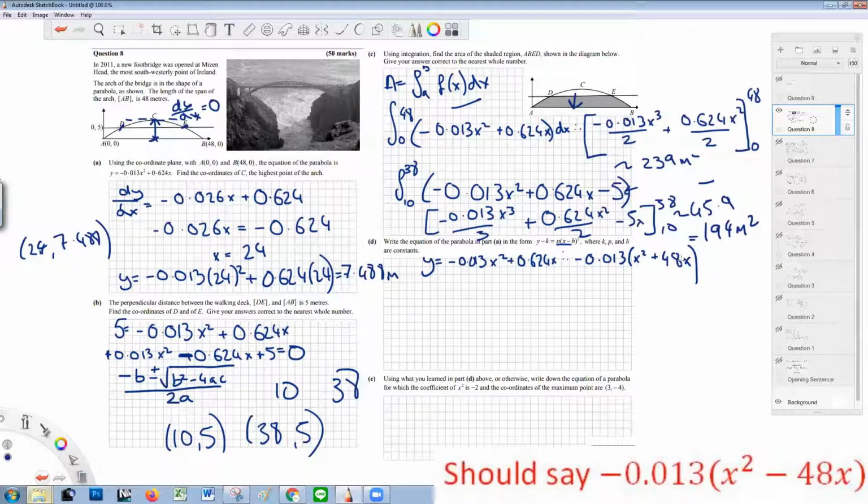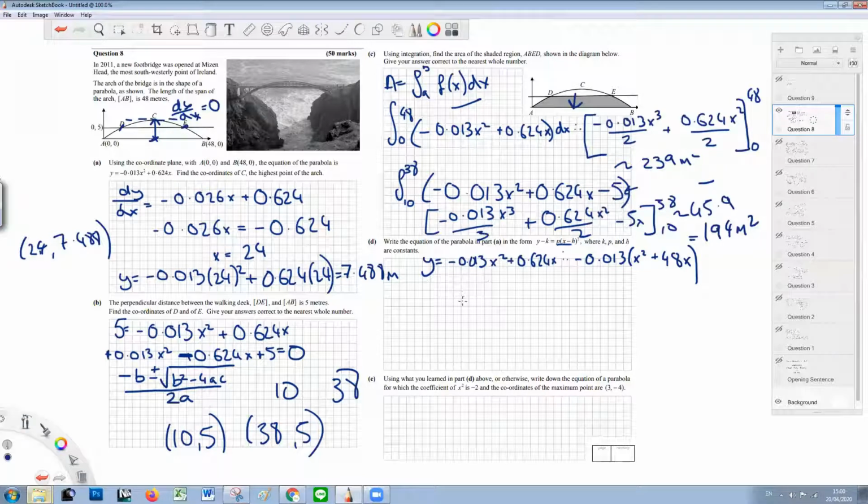Now this is the completing the square part. When you're completing the square, it's important to know that, I'll just write that equation in a different color, ax squared plus bx plus c is going to be the same as a times x plus b over 2a, all squared, plus q.